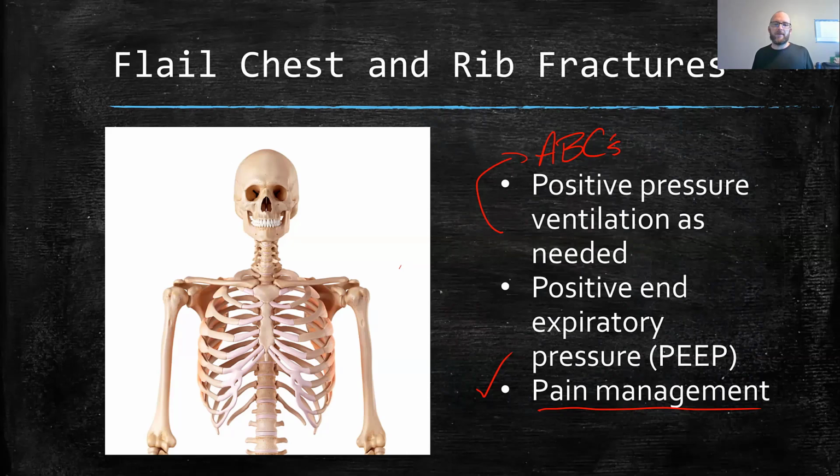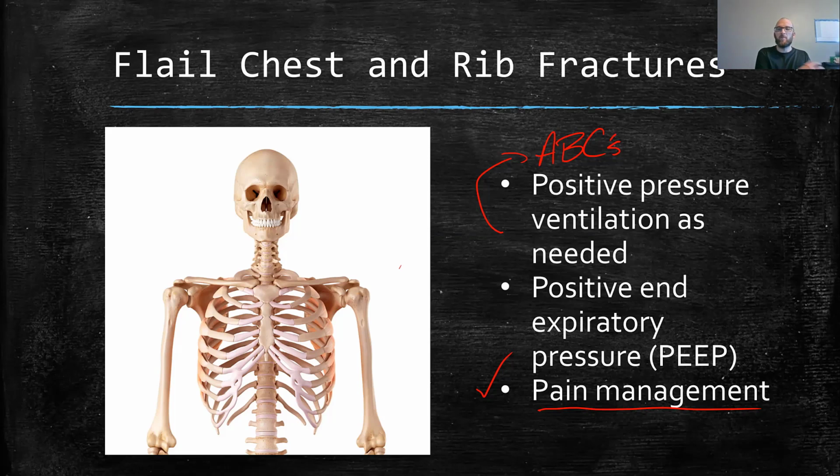But we may even get there before we actually find the flail segment or the broken ribs. We may see, hey, this person's breathing 28 times a minute, shallow. That word shallow is typically a magic word that pushes us towards a positive pressure ventilation answer. So we may make that decision on needing to bag our patient prior to even finding the flail chest.